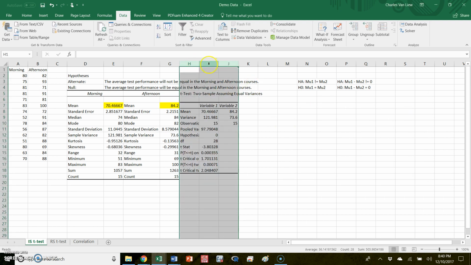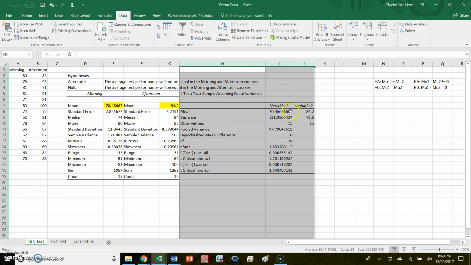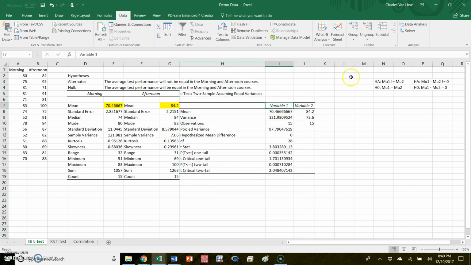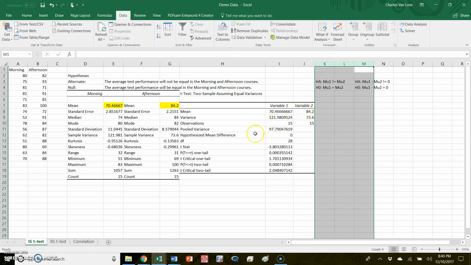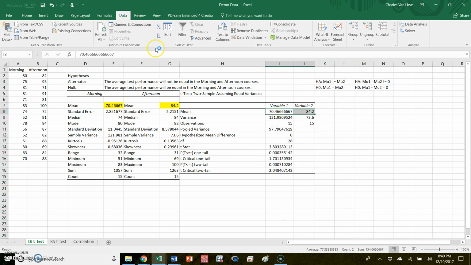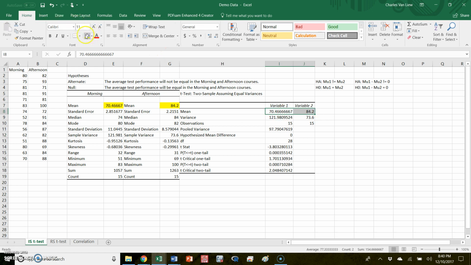So now we have our last set of analyses here. And so here, notice these are again the means that we're testing that we got in our descriptives. Okay, we come down, we see the variance for the groups, we see the pooled variance that goes into that, and importantly here what we see is the t-statistic.